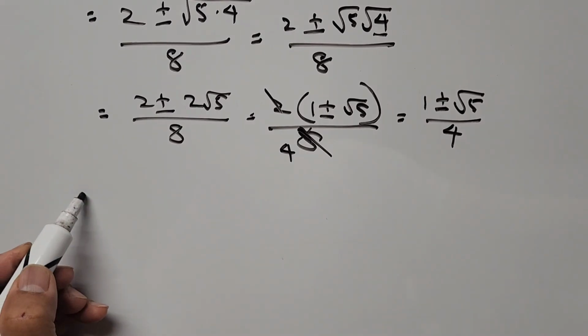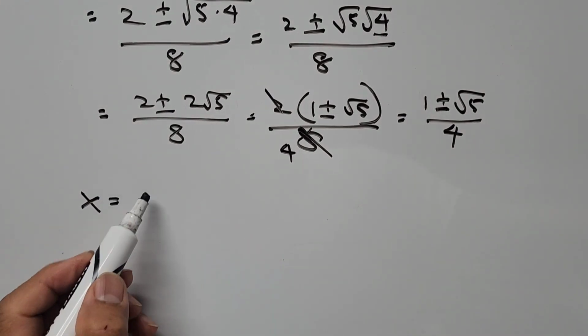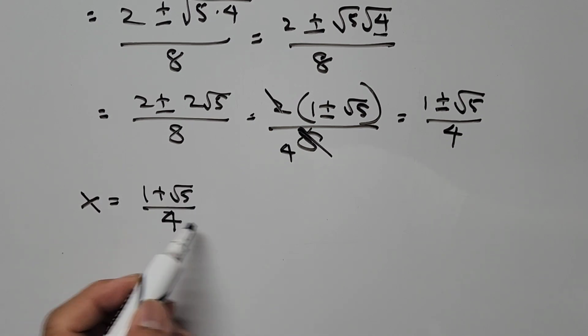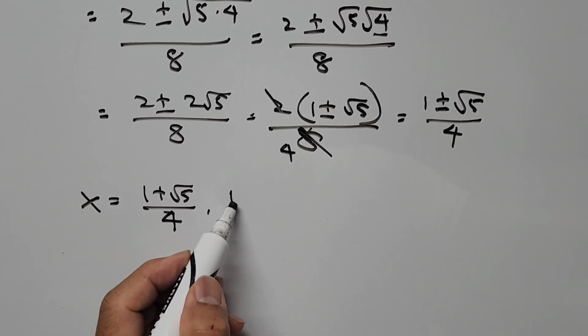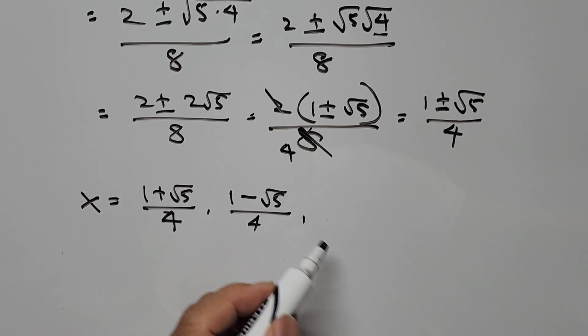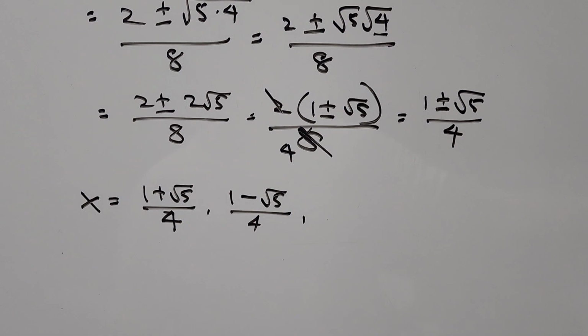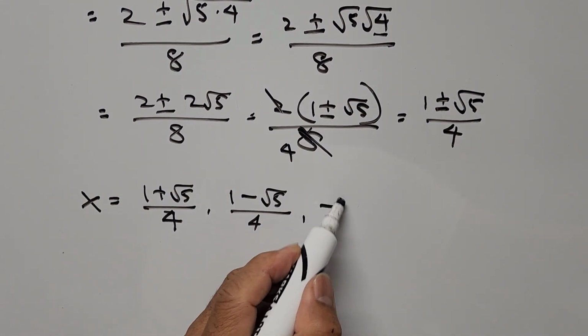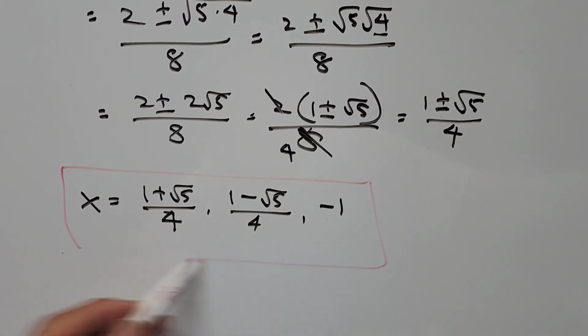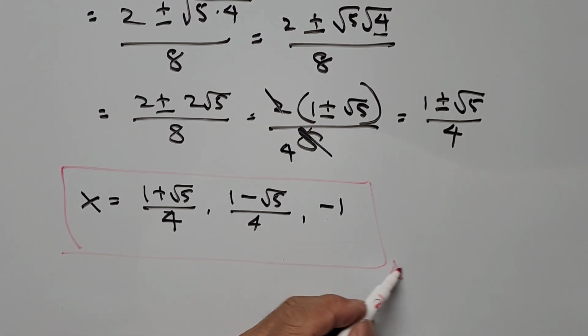So the value of x is equal to 1 plus the square root of 5 divided by 4, and 1 minus the square root of 5 divided by 4. And the first value of x we found earlier is negative 1. So these are the values of x, or the roots of x. Final answer.